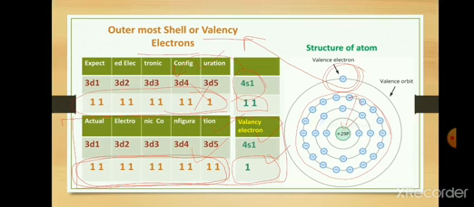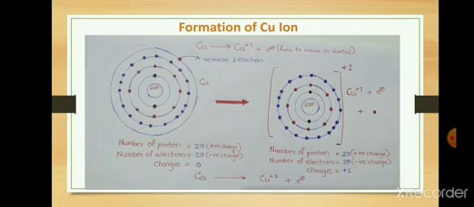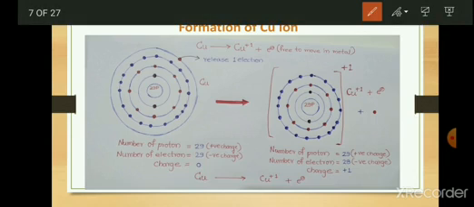Students, these valency electrons are free to move and they are loosely bonded with the nucleus, so they are easily removed from the copper by very small energy, like the thermal energy of the metal.